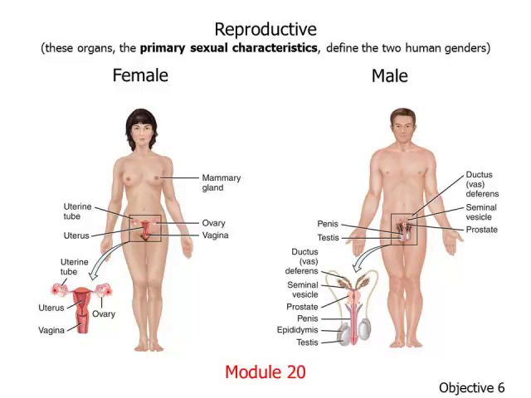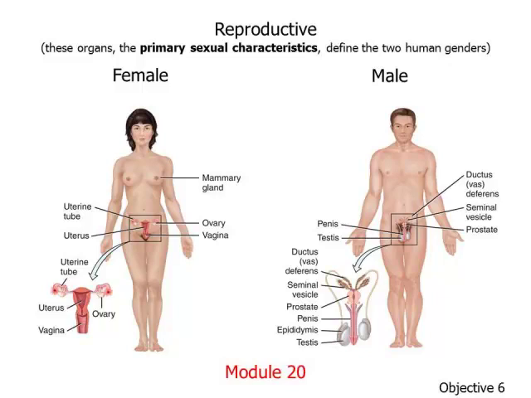A vagina also defines a female, so those make up the primary sexual characteristics of the female. Mammary glands, shown here, are not a primary sexual characteristic because they're shared between men and women, but typically mammary glands are more prominent in the female than they are in the male. So we include those with the secondary sexual characteristics, and we'll also study those as part of the reproductive system.